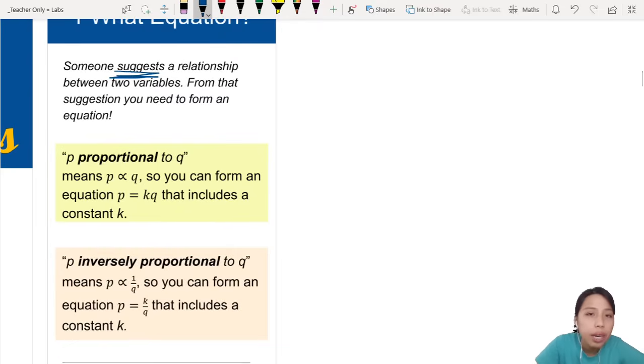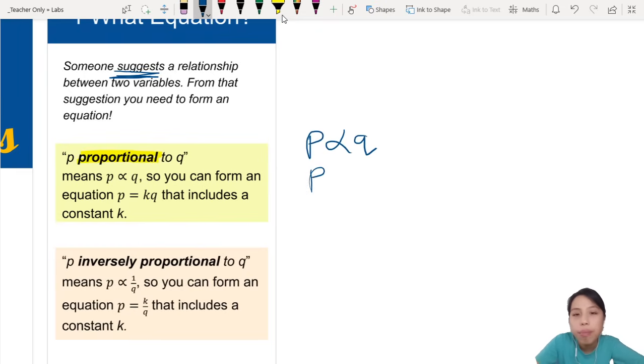When you see the words proportional to, that means P is proportional to Q, or if you want to write it as an equation, P equals some constant times Q. It's like a straight line graph, y equals mx.